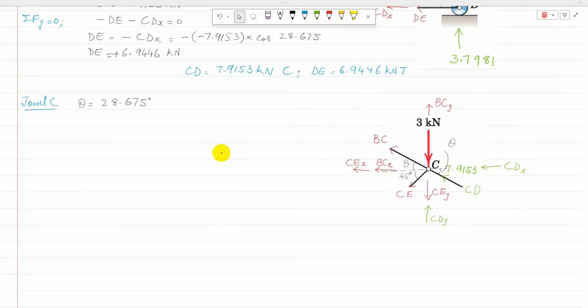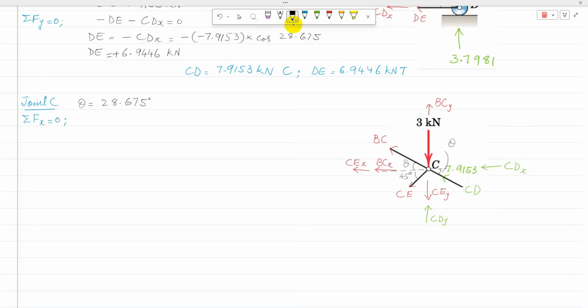And CE has again two components, CEY going towards the negative y-axis, and CEX towards the left or negative x-axis. Here, because there are two unknown members in the horizontal direction and two in the vertical direction, I can go either sigma Fx equal to 0 first or sigma Fy equal to 0 first.